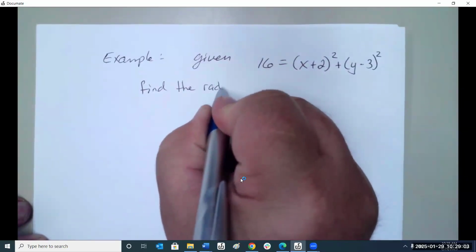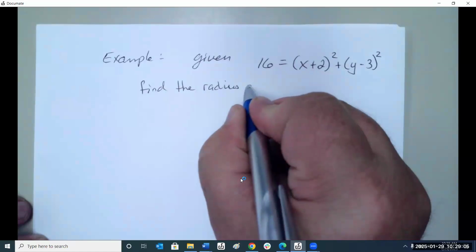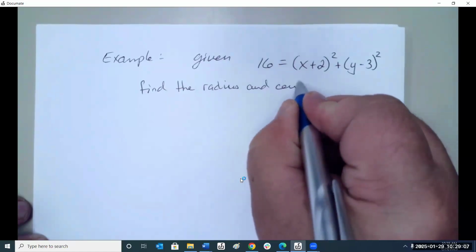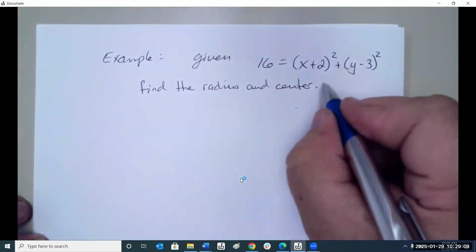Find the radius and center of the circle.